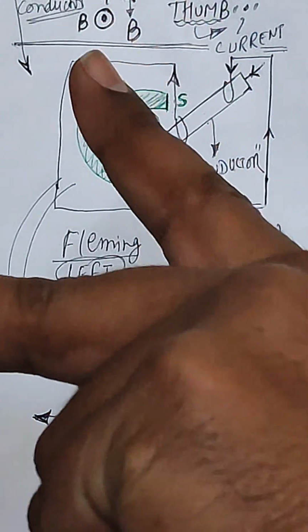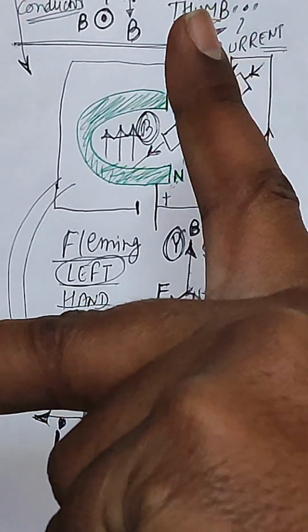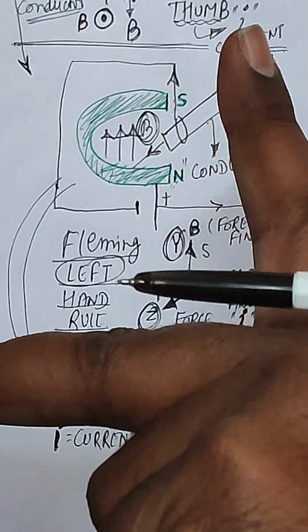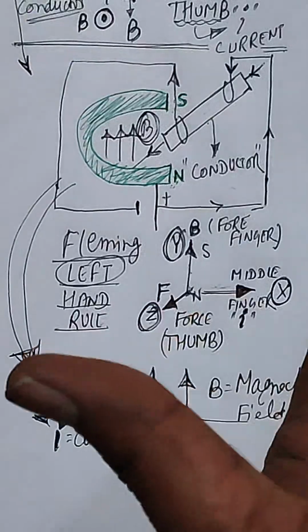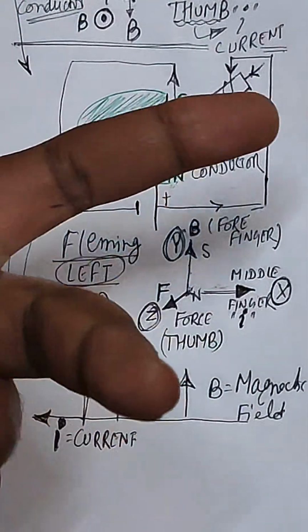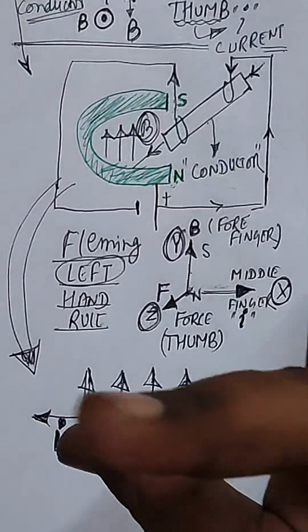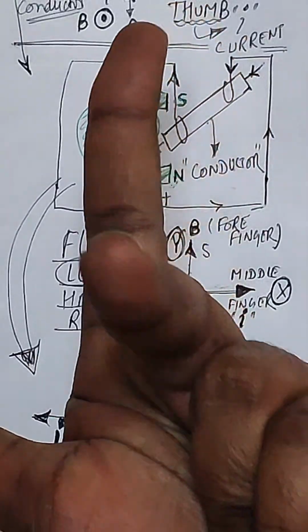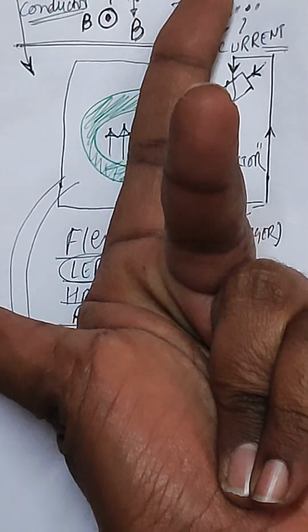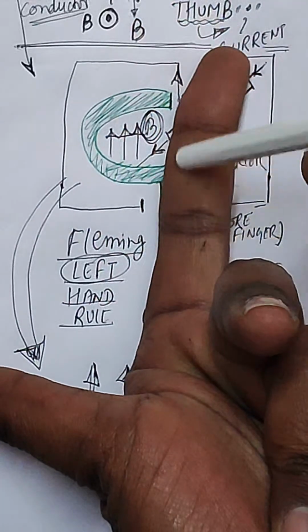When you reverse your hand, you can see that yes, the current should be coming out of the plane of the paper, right? This will happen only in this condition, because this is the direction of the magnetic field.